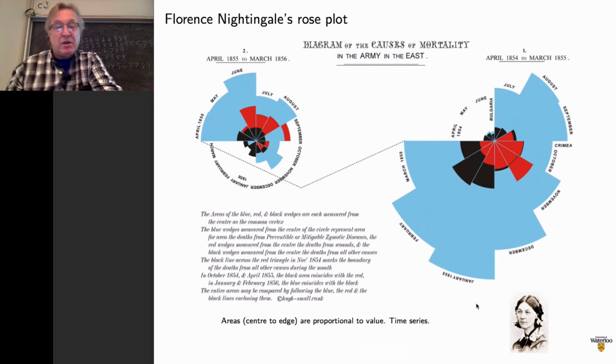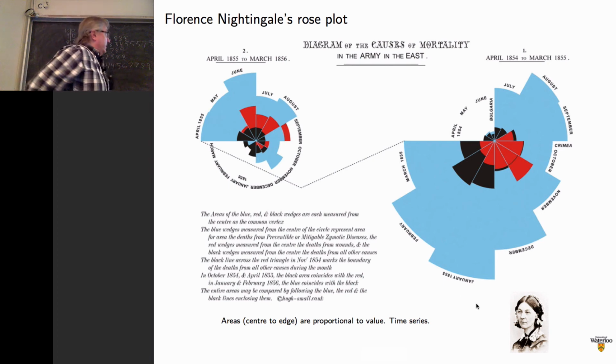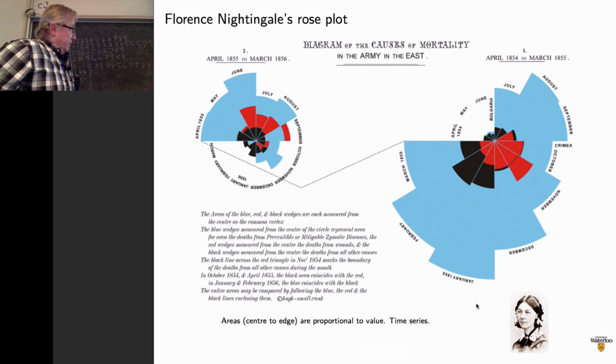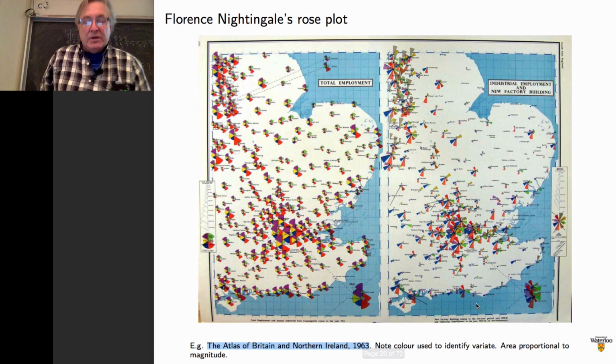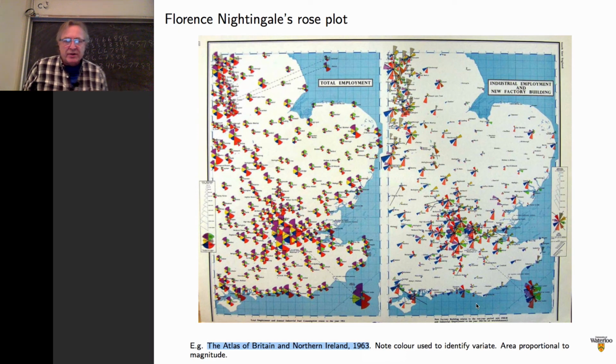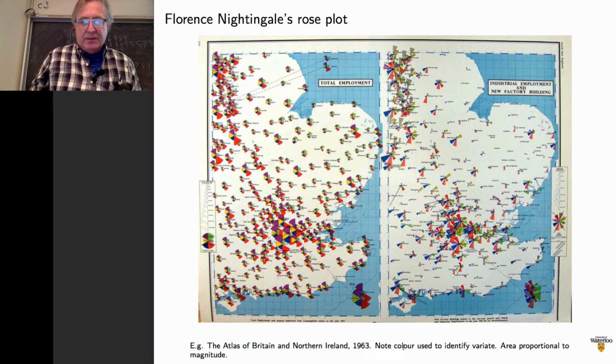So that's a famous plot that's sometimes called Nightingale's Rose plot, which she made, one of the first female statisticians in history, making a great deal of use of graphics, and that's her invention. But you'll see that historically, here's something from an Atlas of Britain and Northern Ireland in 1963.